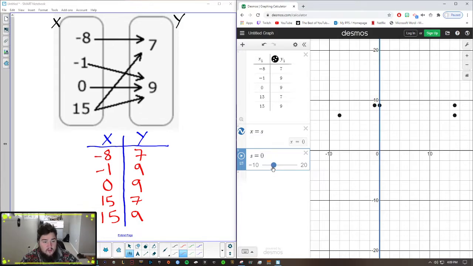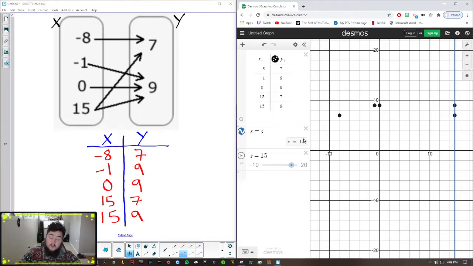We're only hitting 1 point. And I'm going to keep checking, and then all of a sudden right here, my vertical line hits 2 points, which is a no-no, which means my relation is not a function. So I'm going to go to my problem, and I'm going to write not a function.